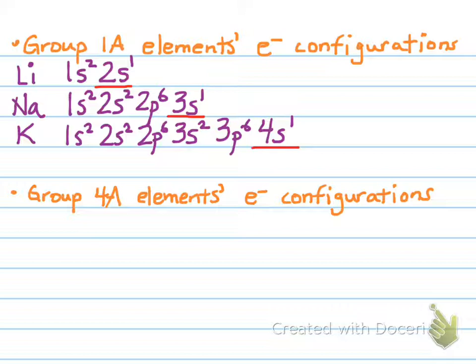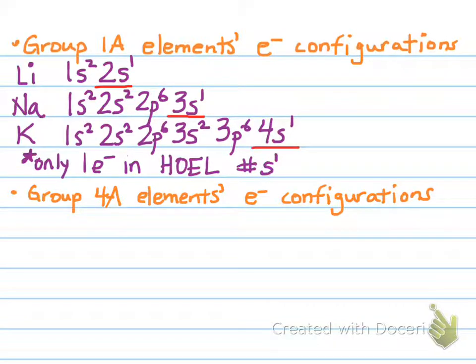So what all of the group 1A elements' electron configurations have in common is that there is only one electron in the highest occupied energy level, and it's always s1.